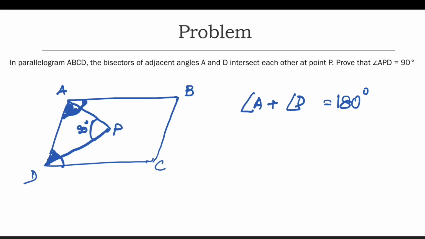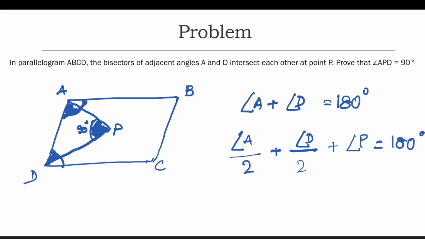And this again is bisecting it, so angle D by 2. And angle P. These three put together forms a triangle. Hence, the sum would be 180 degree. So angle A by 2 plus angle D by 2 plus angle P is equal to 180 degree. This is the second thing that we know.